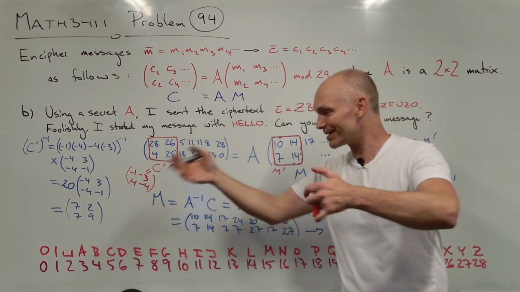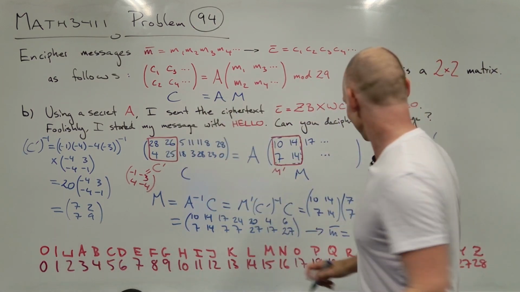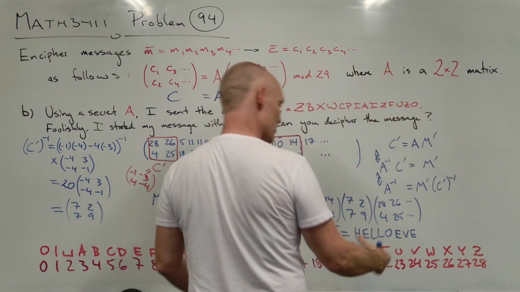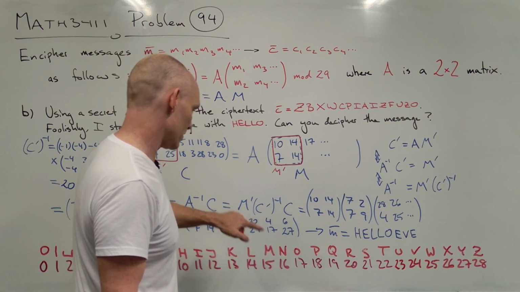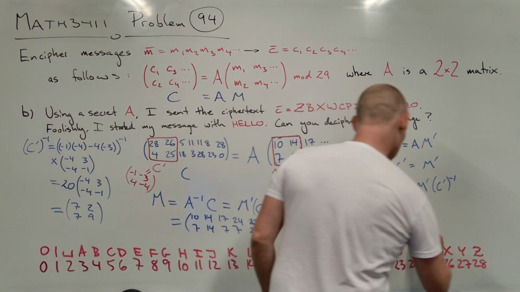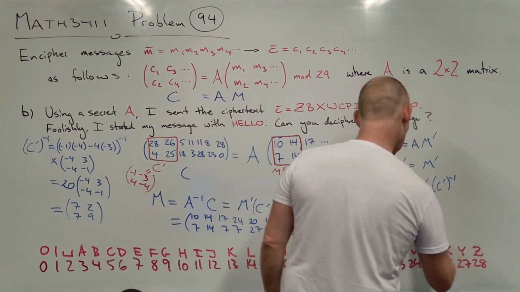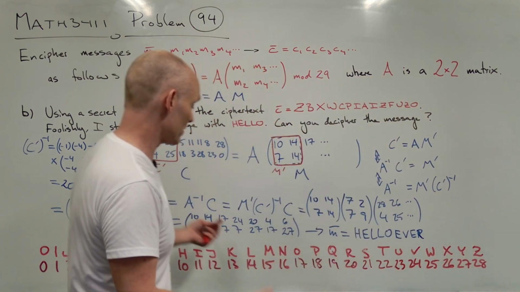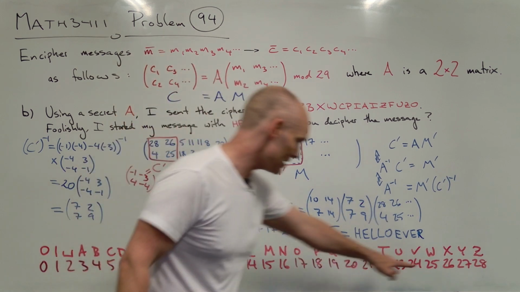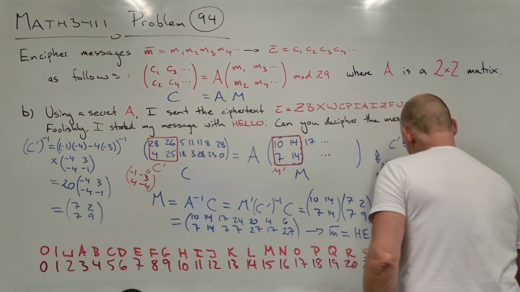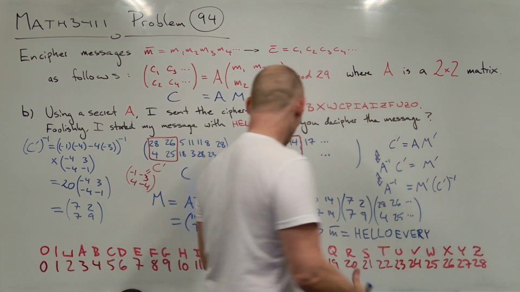You're trying to break our code again. That's nice of us to say hello to Eve, but wait a second, then we've got 20, which is R. Oh, Eva, hello Eva. That sounds a bit, could it possibly be, 27 is Y. Hello every, could it be everyone or something?